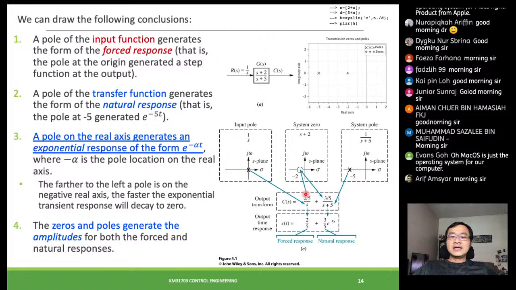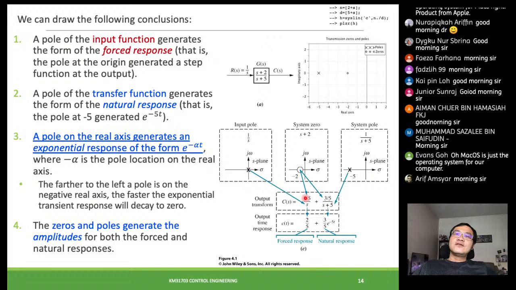Whereas the pole will define our fractions. Remember, you have the forced response, the natural response, and so on.